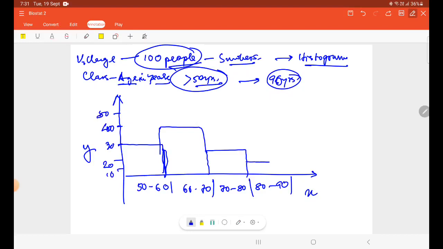So it will be here, 10 people. So rectangular bars along the y-axis, we have plotted the frequency and the value of the class interval as per the x-axis. This is a histogram, right?